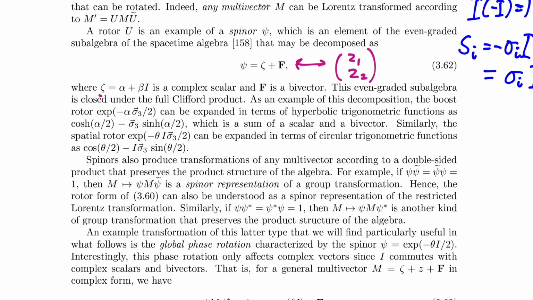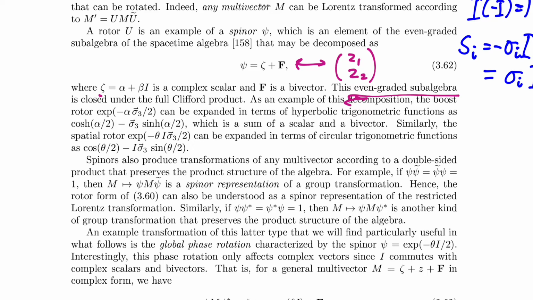But as far as this paper is concerned, all we need to know is that a spinor is an element of an even-graded subalgebra. So the obvious question is, what is this connection? Because they don't talk about column vectors anywhere around here. So let's read on just a little more.